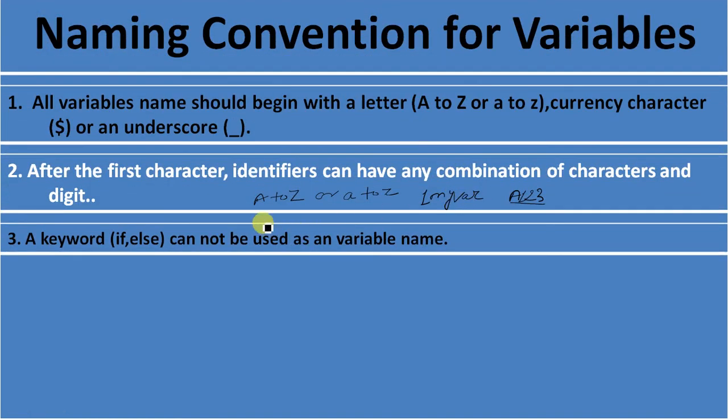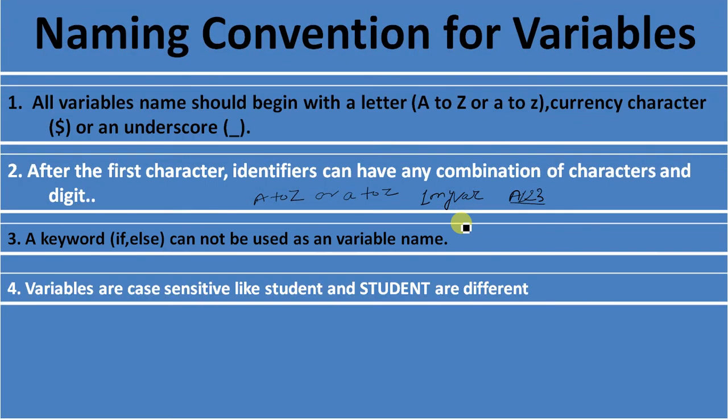Number three, a keyword like if or else cannot be used as a variable name. Java defines some keywords like if, else, for loop, switch. Whatever keywords are reserved words used in Java programming cannot be used for a variable name.